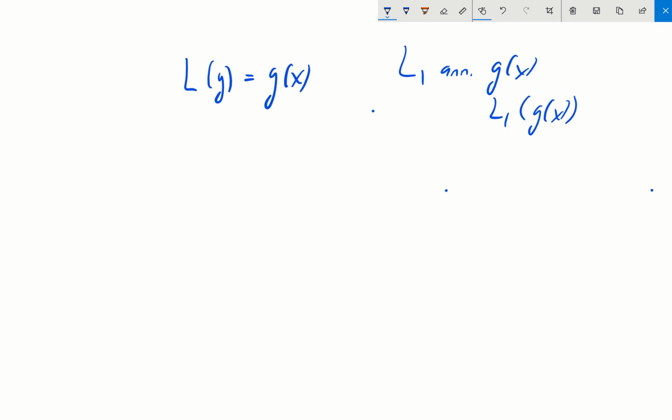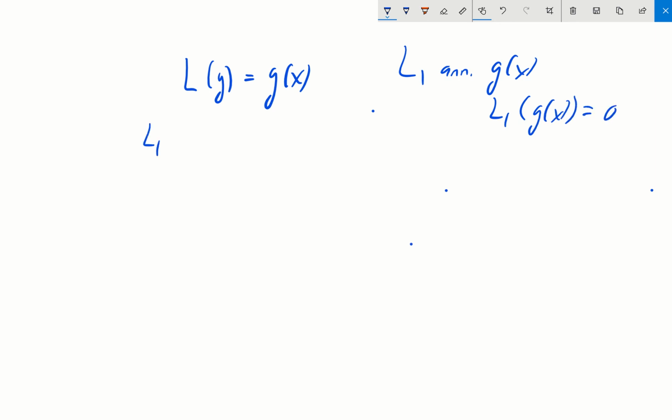We have some differential operator, let's call it L of y equals g of x. That's how we're writing it now. And let's suppose that L1 is a differential operator that annihilates g. In other words, L1 of g of x equals 0.